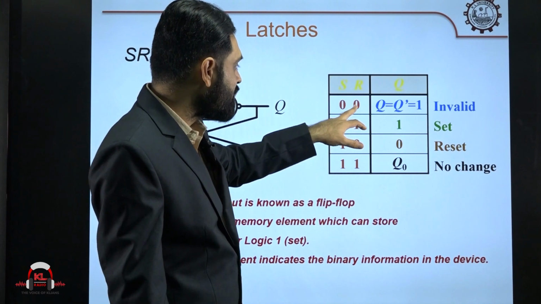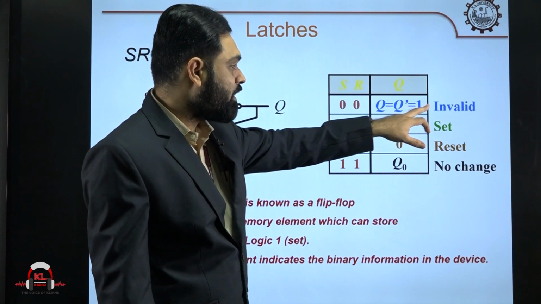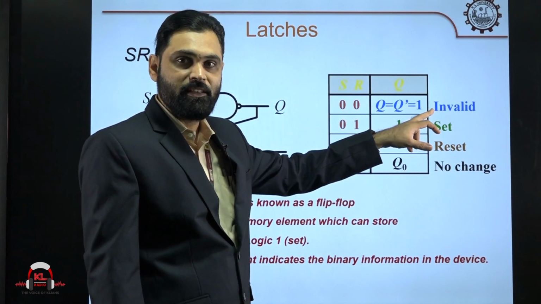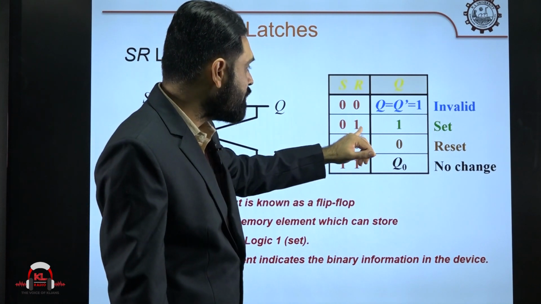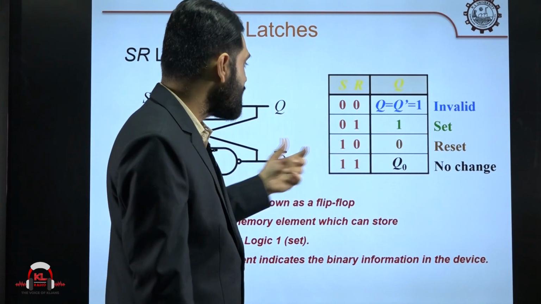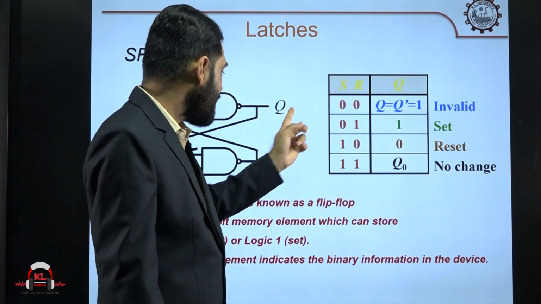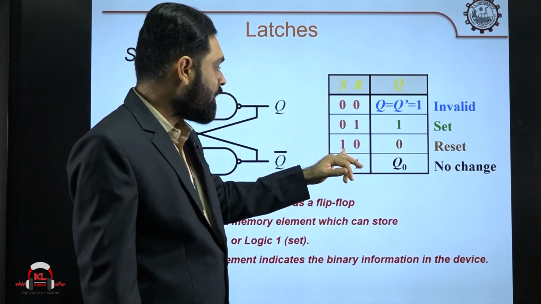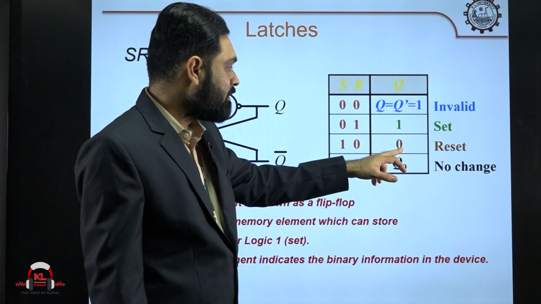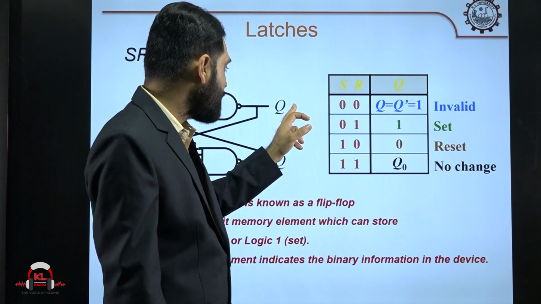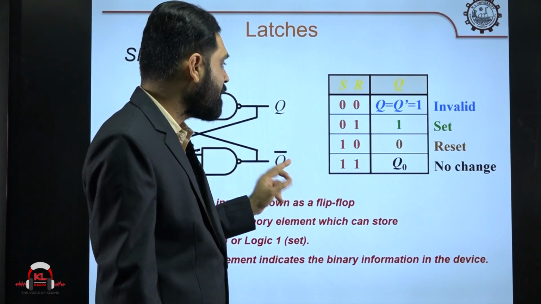But when SR 0 0 is applied, both give 1. So, that is why we consider this an invalid case. And when 0 1 is applied, this latch will be in the set state, that means the Q value will be 1 and Q bar will be 0. When 1 0 is applied, you will get 0 at the output, that means Q is 0 and Q bar is 1.